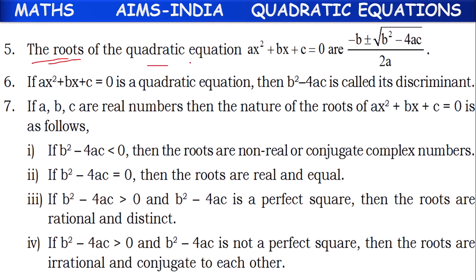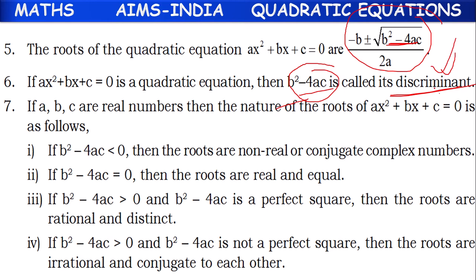The roots of a quadratic equation are given by the quadratic formula, minus b plus or minus root of b square minus 4ac by 2a. If we take plus, we get one value of x. If we take minus, we get another value of x. In this quadratic formula, the value b square minus 4ac, which is under the square root, is called the discriminant of the quadratic equation.